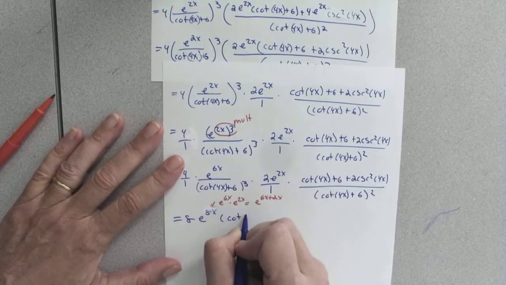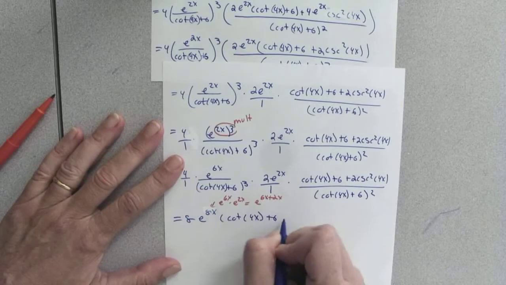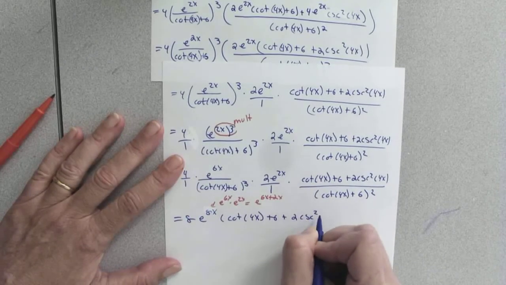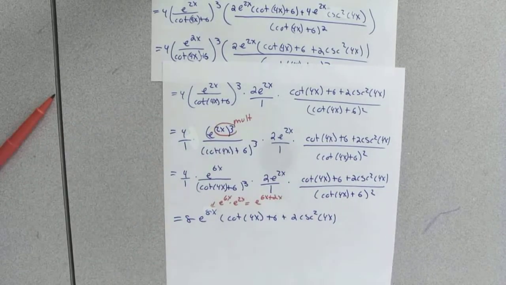Then I still have the cotangent(4x) plus 6 plus 2 cosecant squared(4x). So that was everything that was in the numerator. The 4 times the 2 for 8. The e to the 6x times e to the 2x gave me the e to the 8x. Then everything else in the numerator.